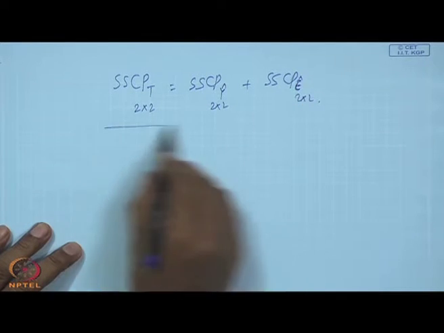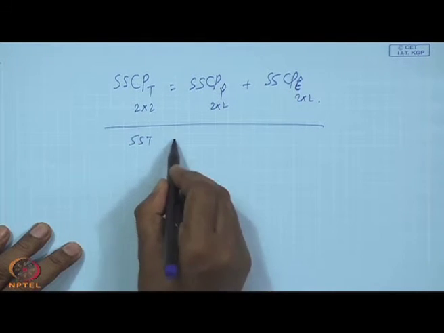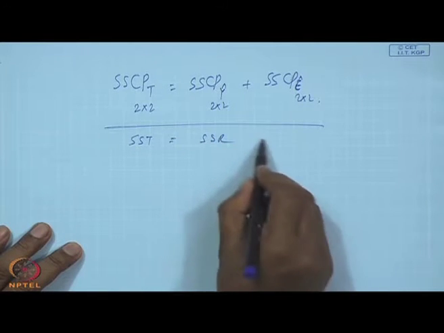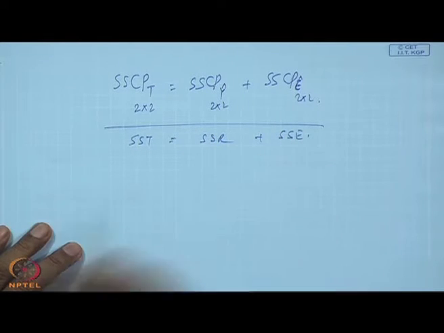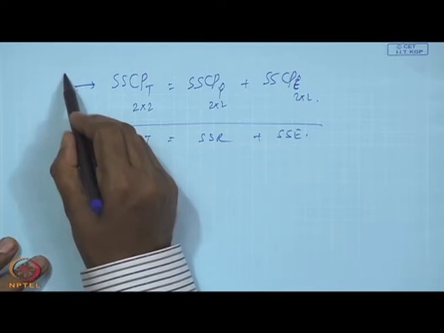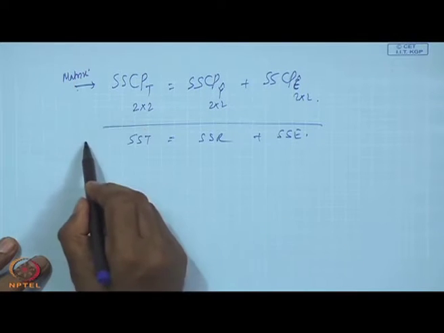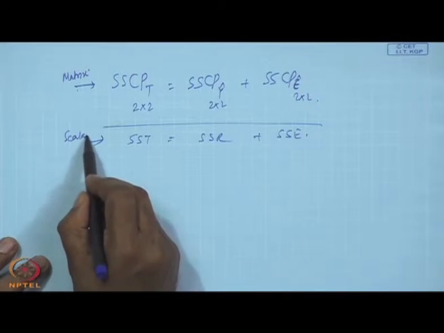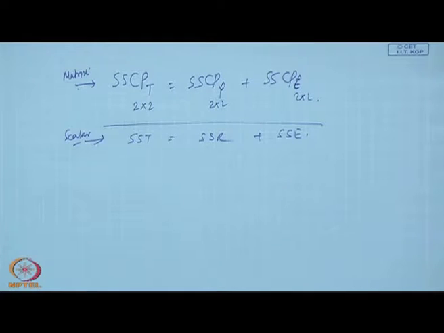So, it is similar to your SST equal to SSR plus SSE. Okay. The difference is this is the matrix domain, whereas that was the scalar, vector and scalar domain, basically matrix.